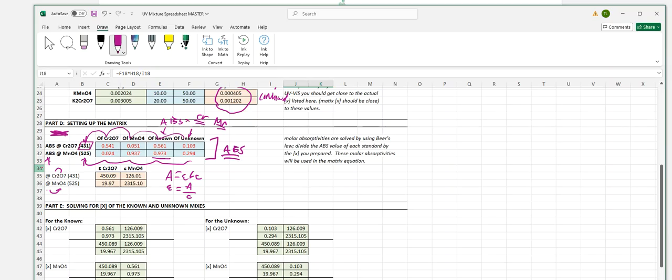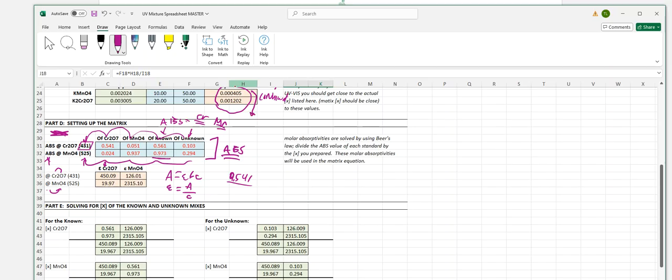In order to get the 450, what should have happened here is that you take the absorbance of chromium at 431, and that absorbance is 0.541. And then you're going to divide it by the concentration that you prepped in your work, and that concentration's up here.